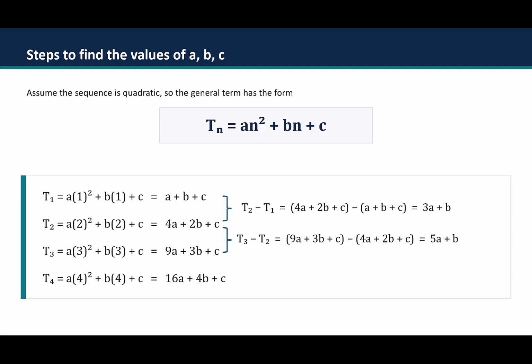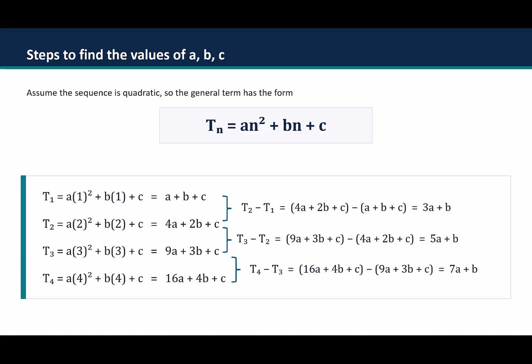That reduces to 5a plus b. Then our last one is T4 minus T3, which is 16a plus 4b plus c minus (9a plus 3b plus c), which becomes 7a plus b. Notice that in all our differences, the c cancels out and we just had to gather like terms.